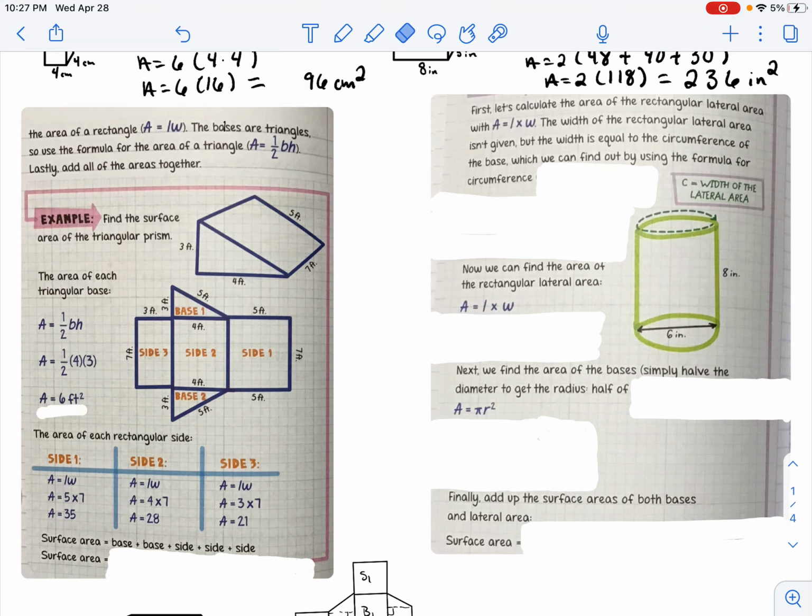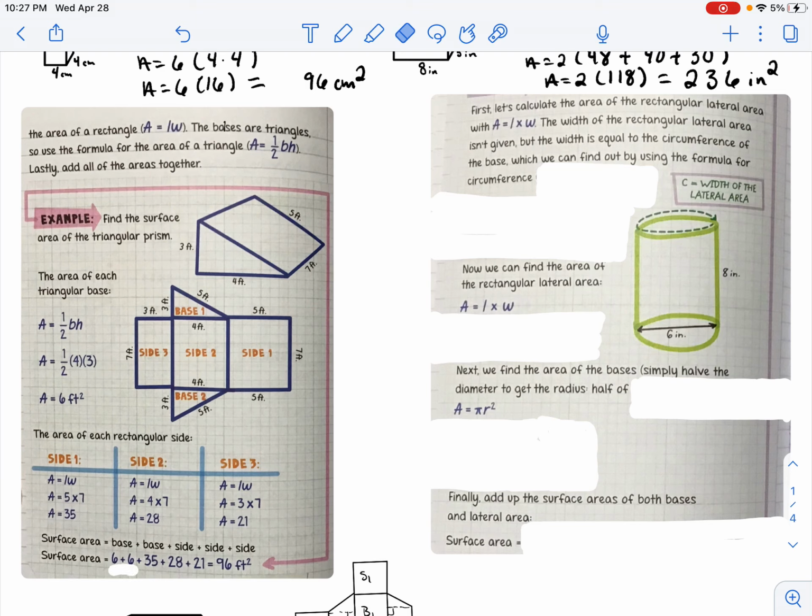Now remember, area of the triangles, there's 2 of them, so we're going to have to multiply that by 2. So surface area equals base plus side plus side plus side. And here our base 1, base 2 are the same. So when we go through that, we get 6 plus 6 plus 35 plus 28 plus 21.